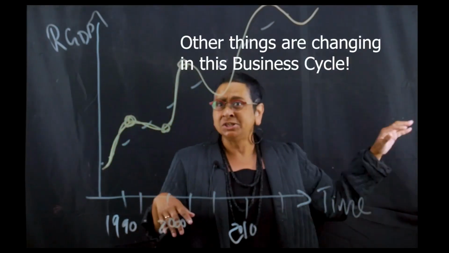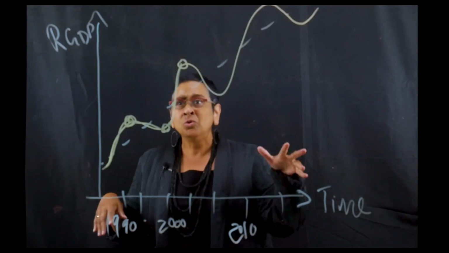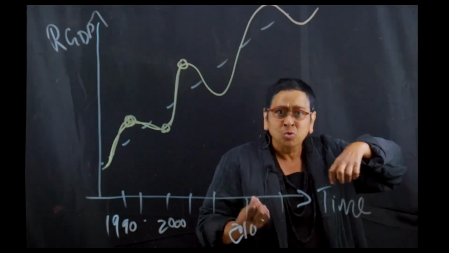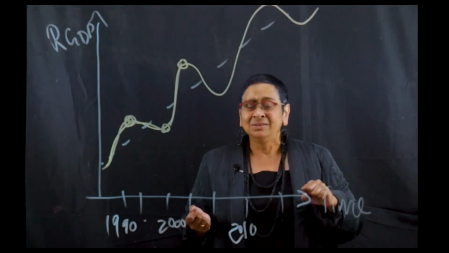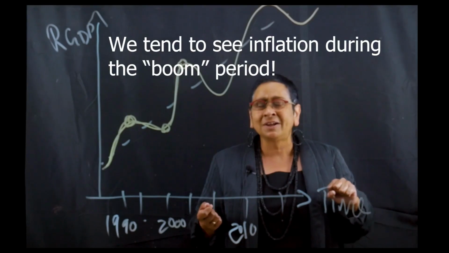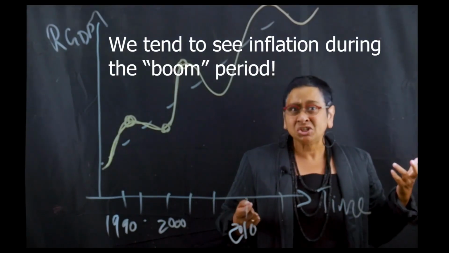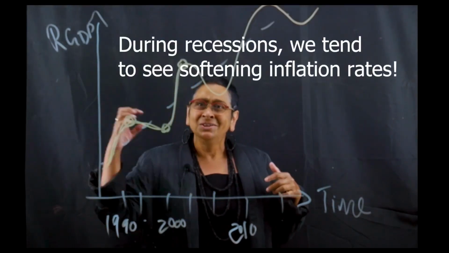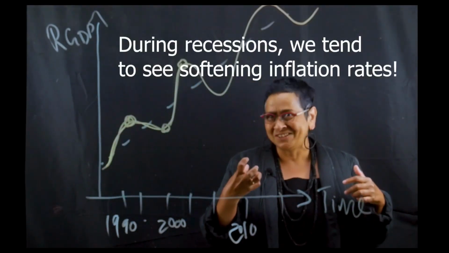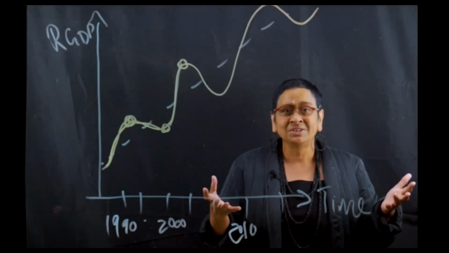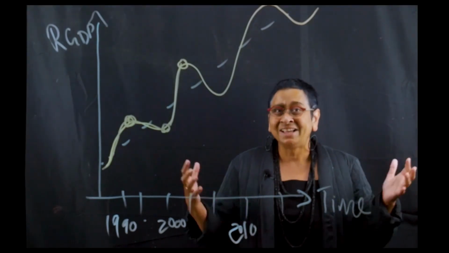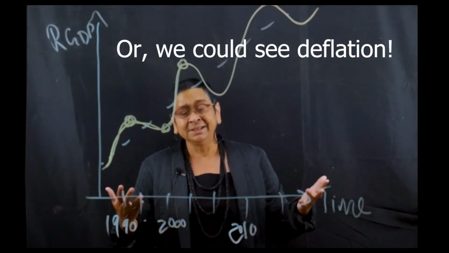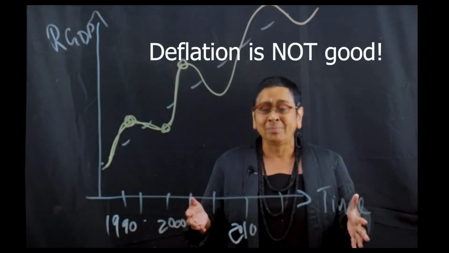There are other things that are changing in this business cycle. We know that there have been times when, during the boom period of the business cycle, when you're coming out of a recession and really growing fast, you tend to see inflation. We also know that during recessionary times, you either see a softening in inflation rates. During the height of the Great Depression, we actually had a drop in prices, which is really deflation, and that's a highly problematic thing.